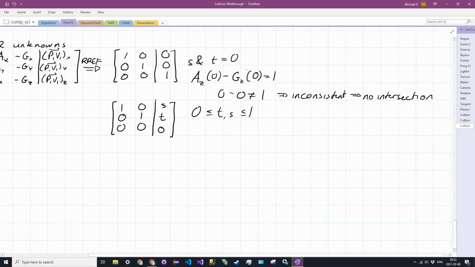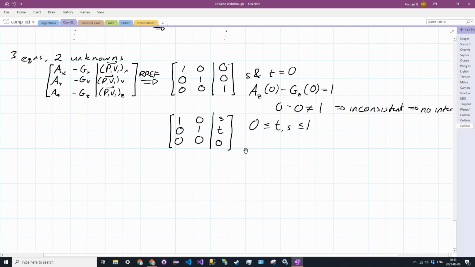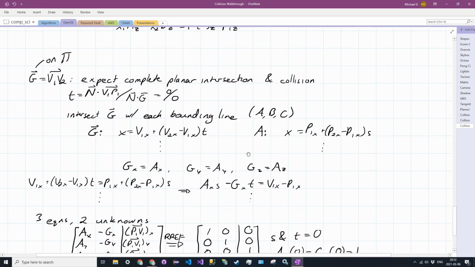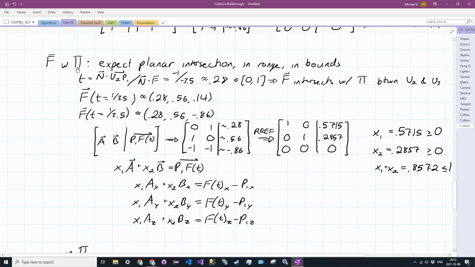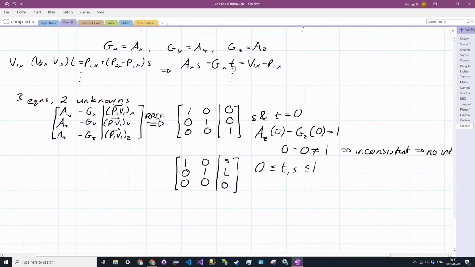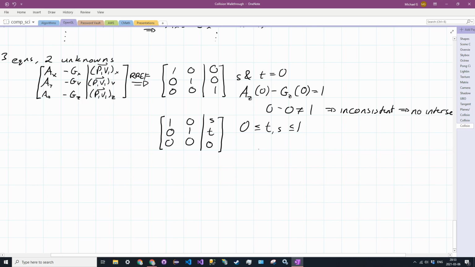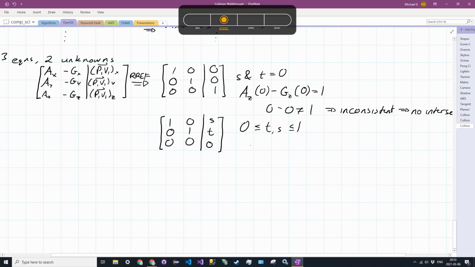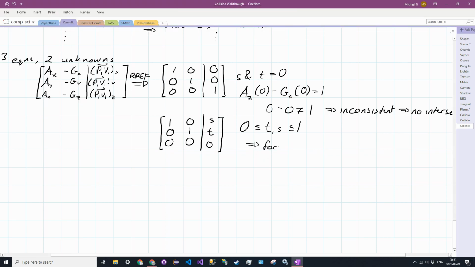It's not enough just for them to be positive, because for the same reason that when we calculate t here, it has to be between 0 and 1. So therefore, for the intersection to be within the points.